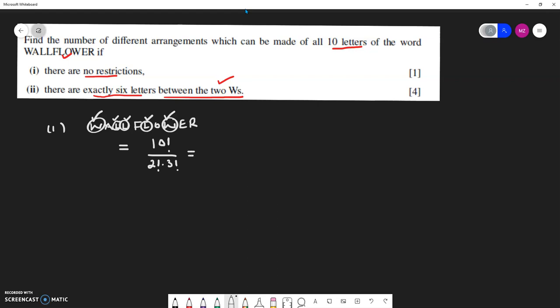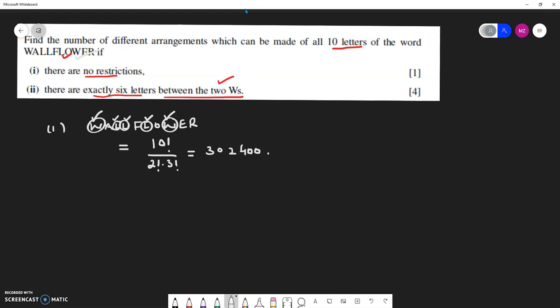By calculating these factorials and simplifying, you will get 302400. So this is the total number of arrangements which can be made from the word wallflower with no restriction.